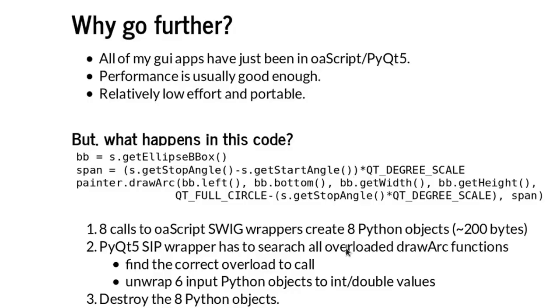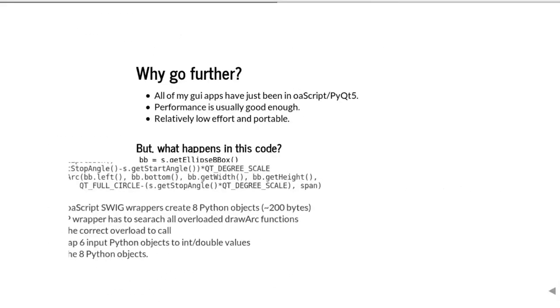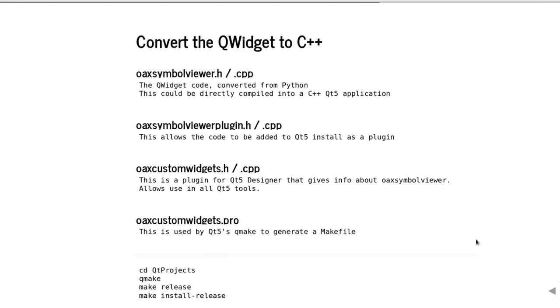And so if you look at this, you have 8 calls to SWIG, you have to do an overload search, you have to unwrap the objects you just wrapped, and then you have to destroy all the Python objects in addition to the memory you have. And so this is one reason why, if you start looking at performance, this is one area where you can improve things if you choose to wrap things more in C++.